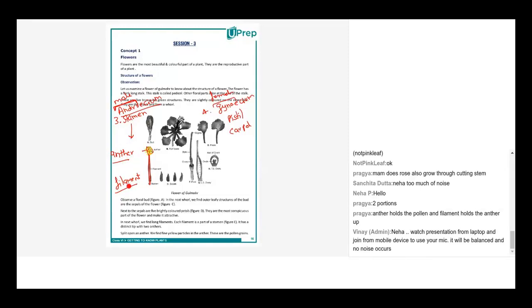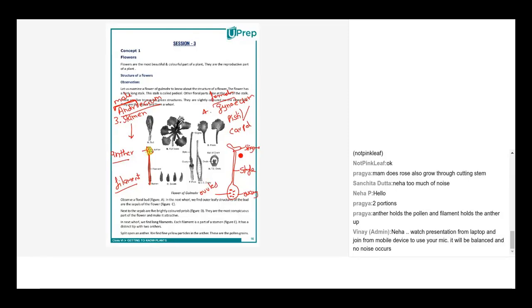Now the parts of the gynoecium. The knob-like portion is called the stigma. This slender structure is called the style, and this is the ovary. Within the ovary, there are these tiny structures which are called the ovules.